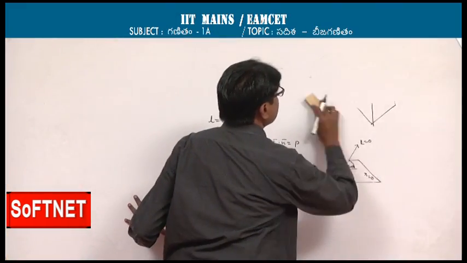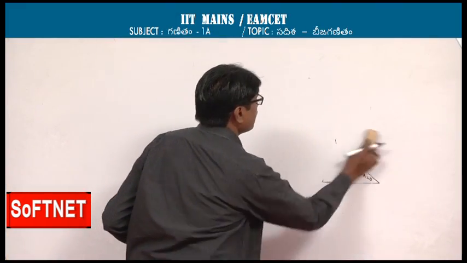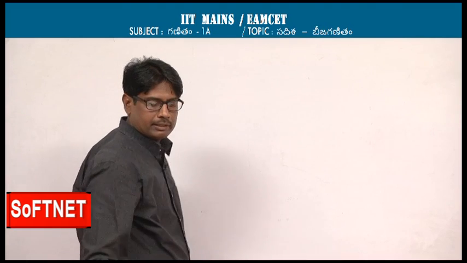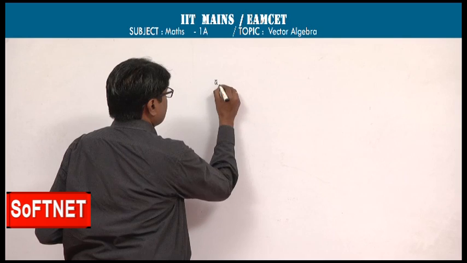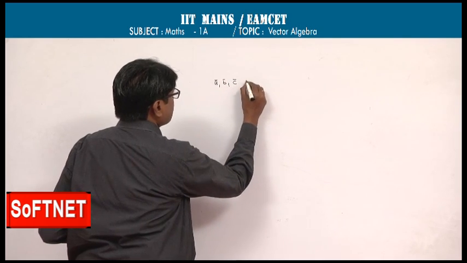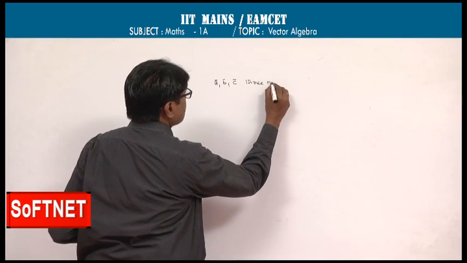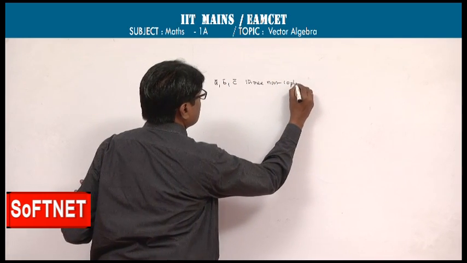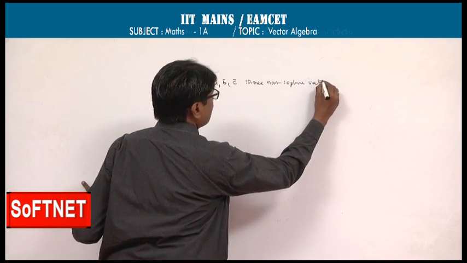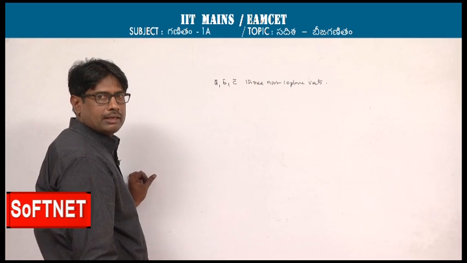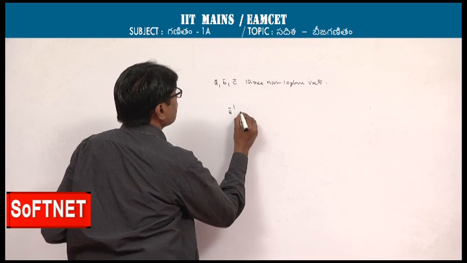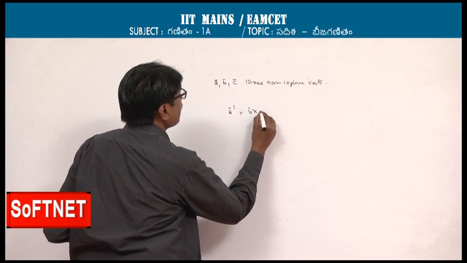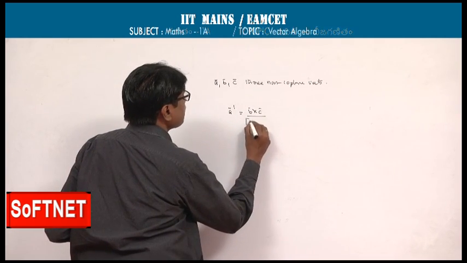Now reciprocal vectors, the last concept. What are reciprocal vectors? Let A bar, B bar, C bar be three non-coplanar vectors. Then A dash bar is equal to B bar cross C bar divided by box ABC.